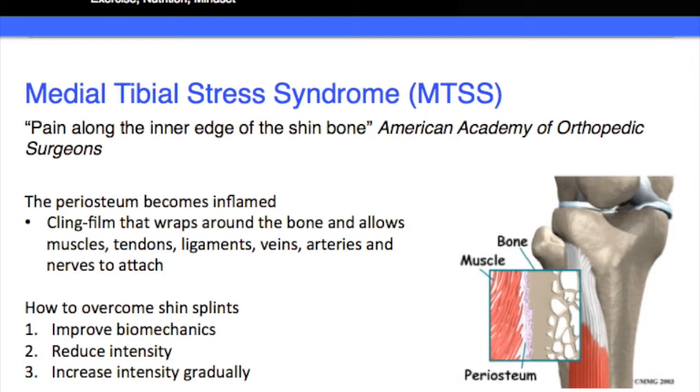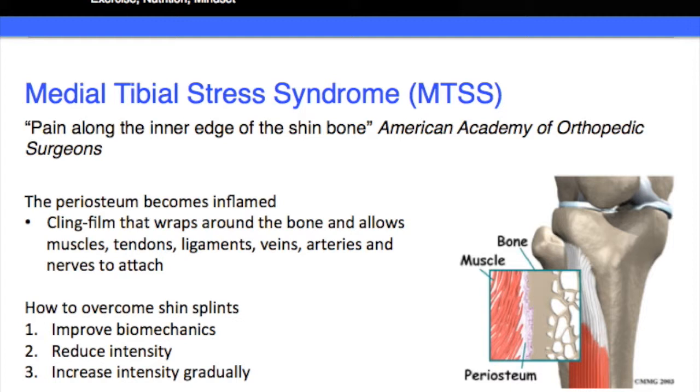It's not necessarily conditioned for that, or there may be a dysfunction in the muscle. That increase in intensity is causing extra impact to go through the bone and the periosteum, which is causing the inflammation. So by improving the biomechanics and reducing the intensity at which we run, i.e. not increasing the miles so quickly, we can offset medial tibial stress syndrome.